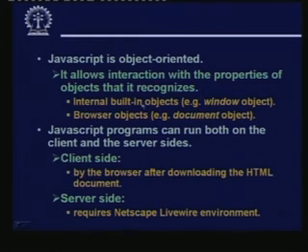There are a number of different objects in JavaScript, some of which are as follows. There are some internal built-in objects like window. Window is the name of an object. Whenever you display a document on a window or a frame, there can be multiple frames within a given window.